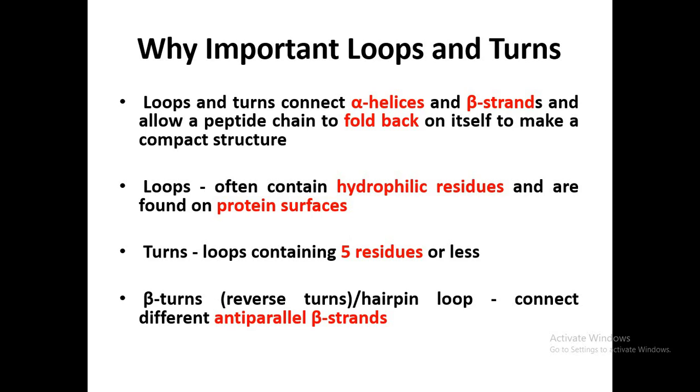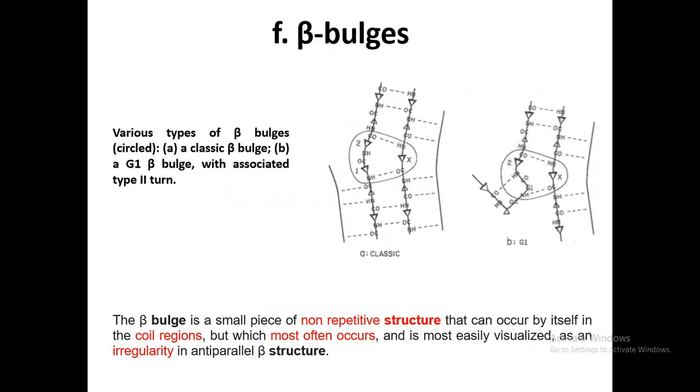So why is a turn important for the protein? The turn is important because if a polypeptide chain has a turn, the polypeptide chain can change its direction.